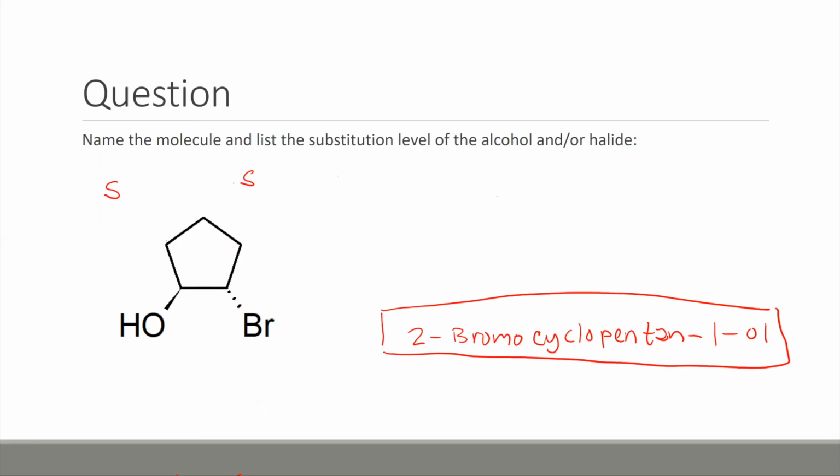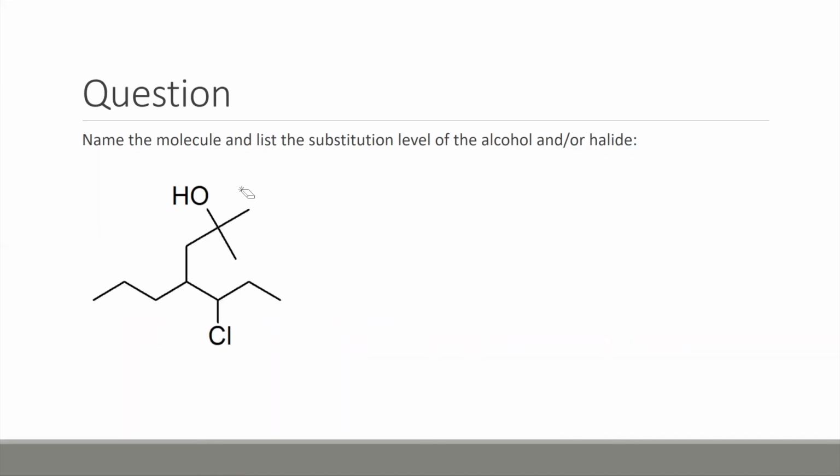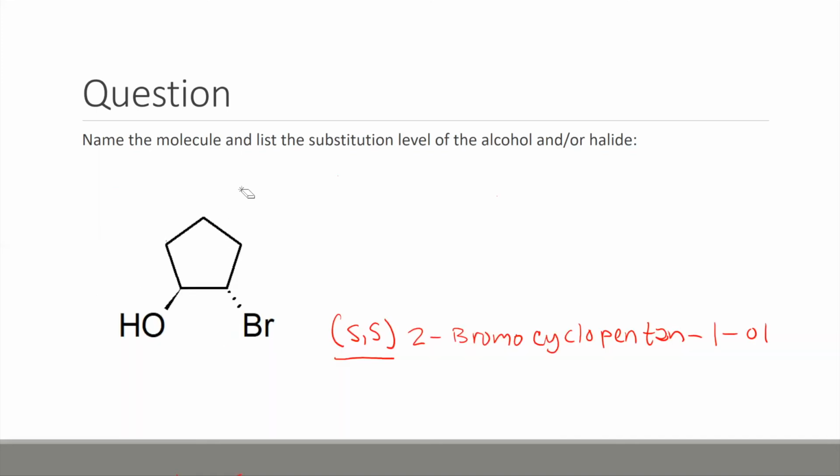So the full name of this compound is going to be (S,S). Notice we put these in parentheses. 2-bromocyclopentan-1-ol. And one more thing, let's determine the substitution level.